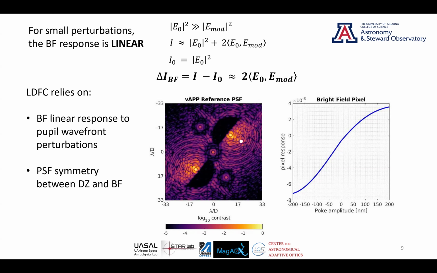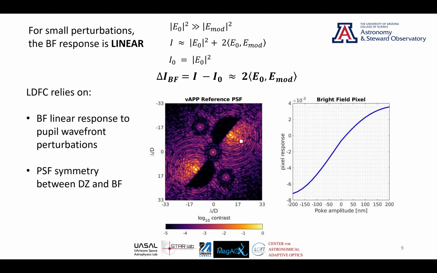So a deformable mirror has a bunch of actuators like fingers on the back that actuate at thousands of times a second. For these tests, we just poked a single actuator up and down for these response curves. But you can also make them all act together and form modes, which I'll also show pictures of. So this linear response is the key to how LDFC works.